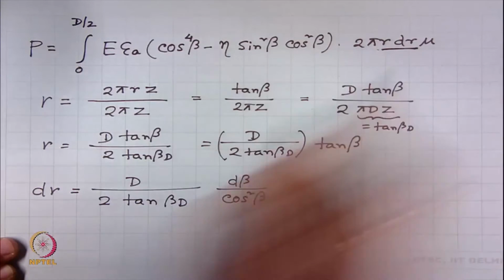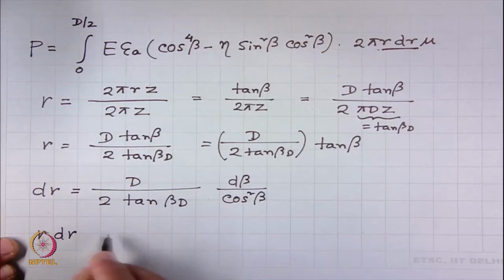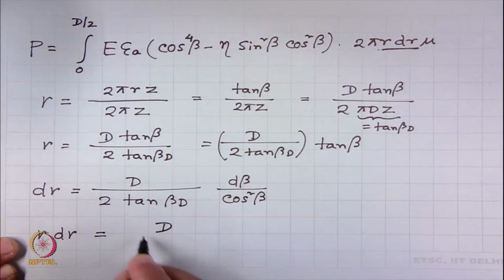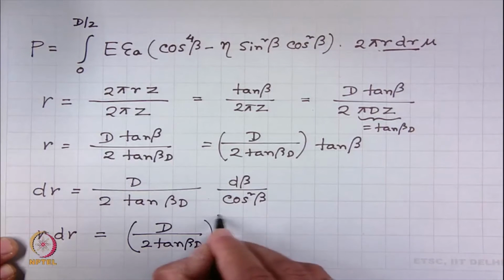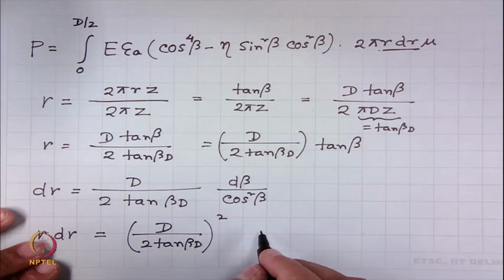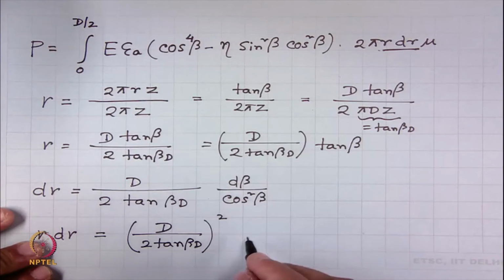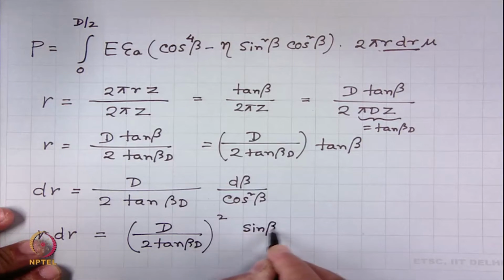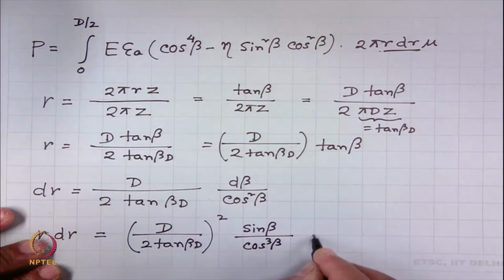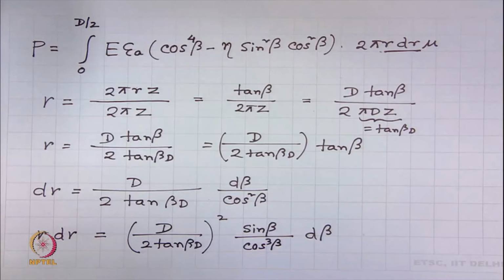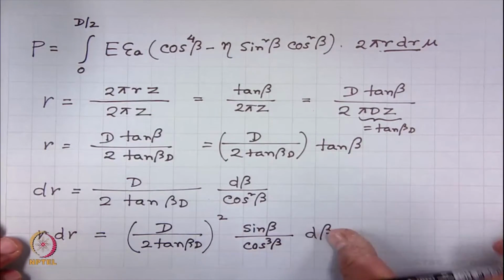Here it is r times dr. So, D by 2 square into tan beta divided by cos square beta, that is sin beta by cos cube beta d beta. We will substitute this into this expression. So, this expression will become further long. Let us do that.